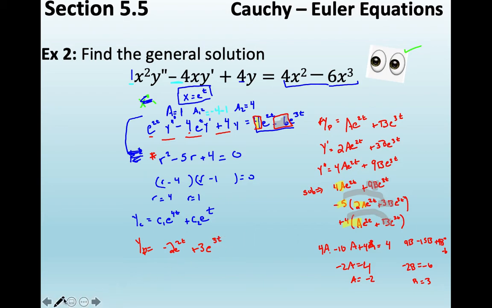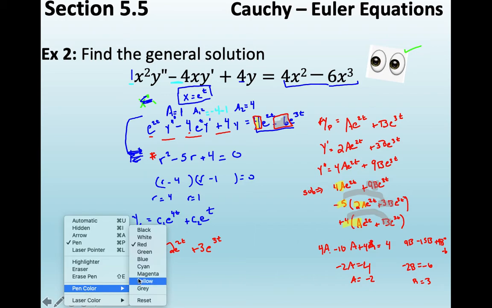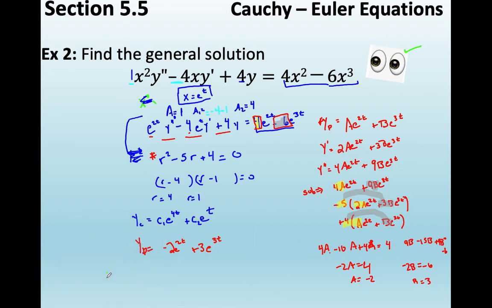So therefore, y was equal to what? Oh snap, what did you forget to do?